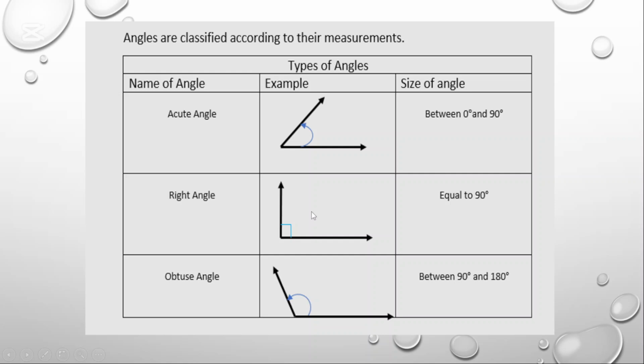This we call the right angle. Then we have the one that did not move past the 180 line, and it moved past the 90. So this angle is between 90 and 180, and we call that an obtuse angle. So we have here our first three.